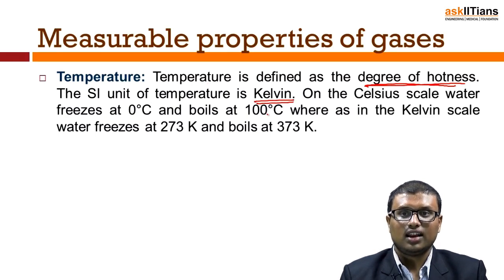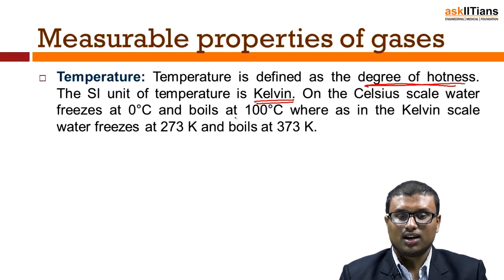But generally we talk about degrees, right? When we talk about temperature, we say 25 degrees centigrade, the room temperature for example, or the weather forecast, which is also defined in terms of degrees. 25 degrees, and when it comes to winter it is 3 degrees, 2 degrees.